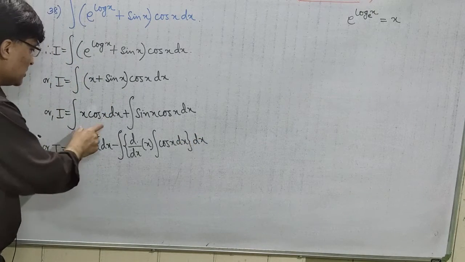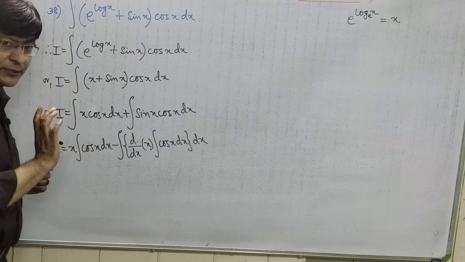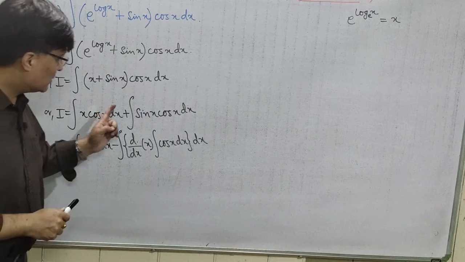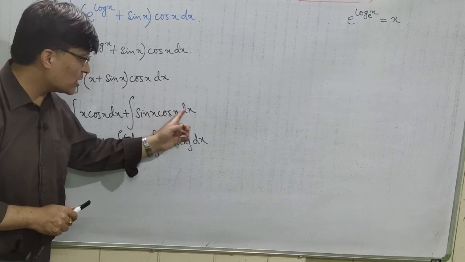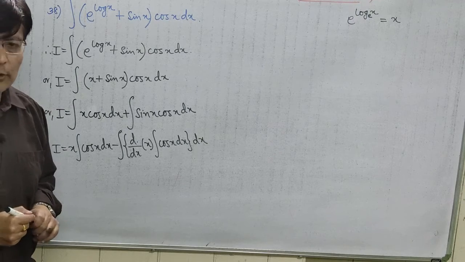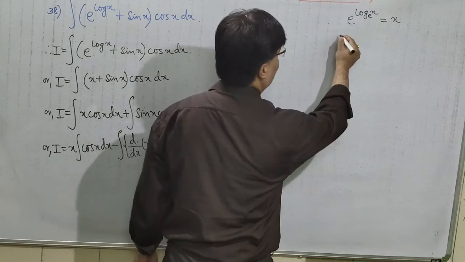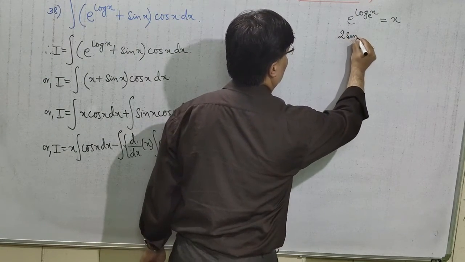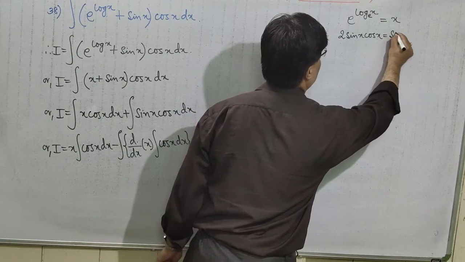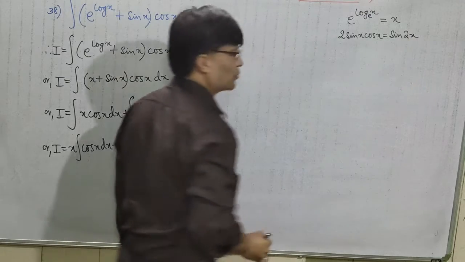Now this function is integrated by parts. Now what will you do with this second function, that is, the integration of sin x cos x dx? Whenever you have sin x cos x, you have to multiply and divide by 2 so that we can use this formula: 2 sin x cos x is equal to sin 2x, right?